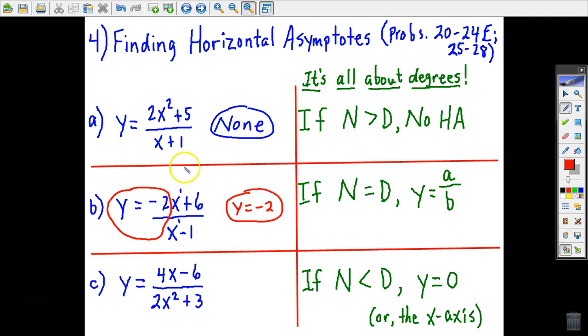Okay, so I did this in class today. Let me go ahead and throw another example at you, because I don't want you to be tricked. Let's just say we had this rational function.